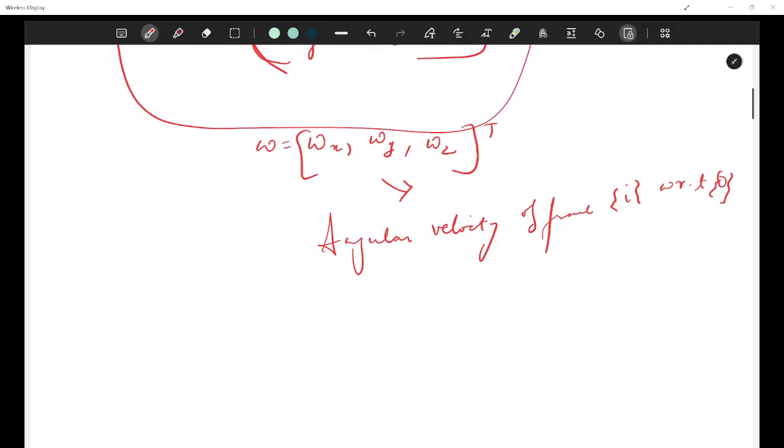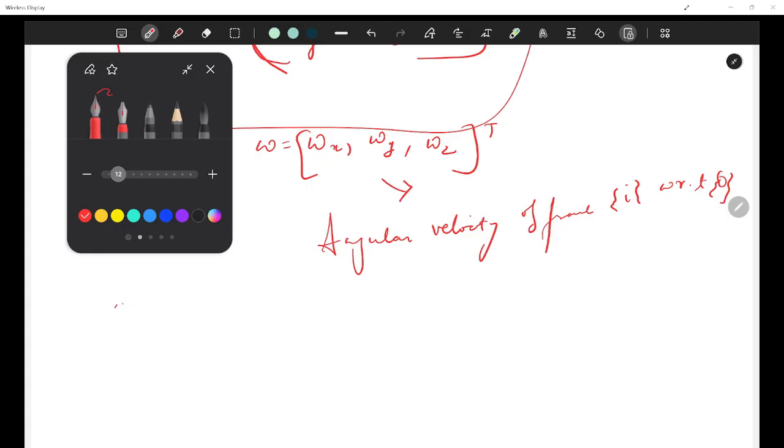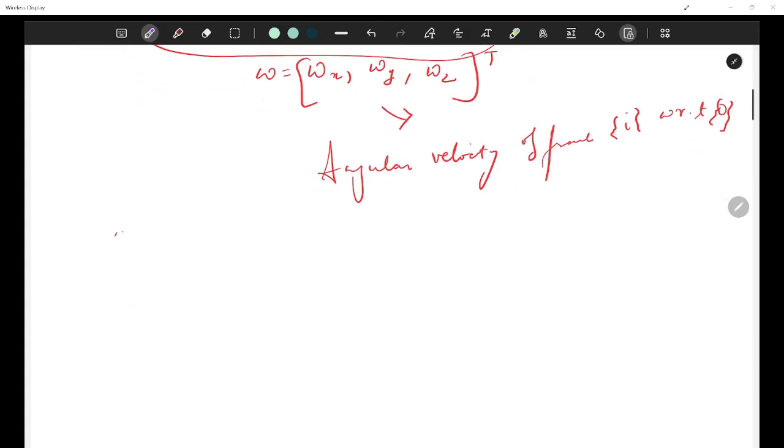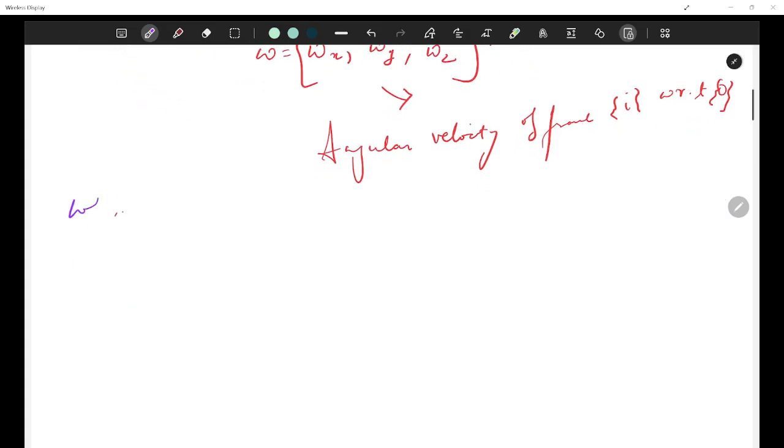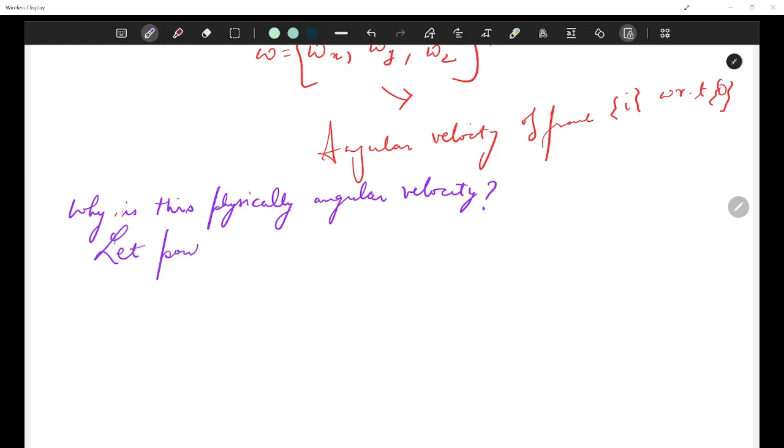So let's say there is a point fixed in the body frame. Let me write the question first that we want to answer. So let point P be fixed in the body.